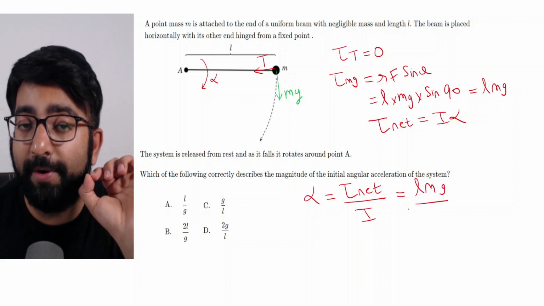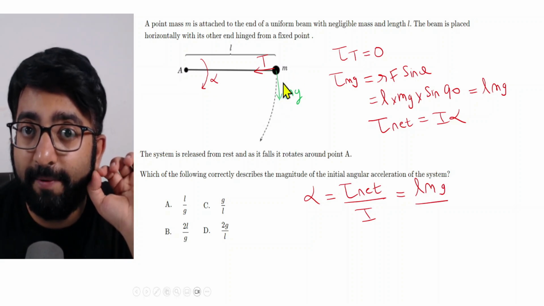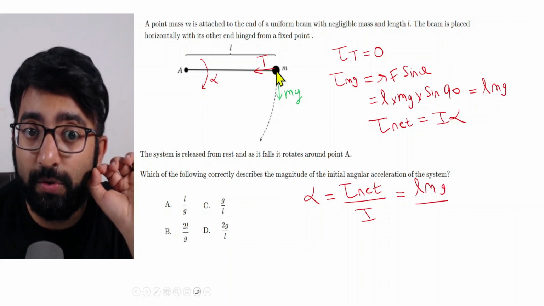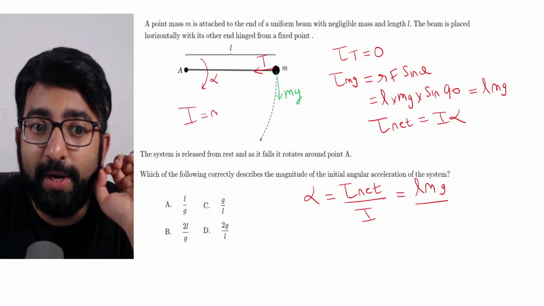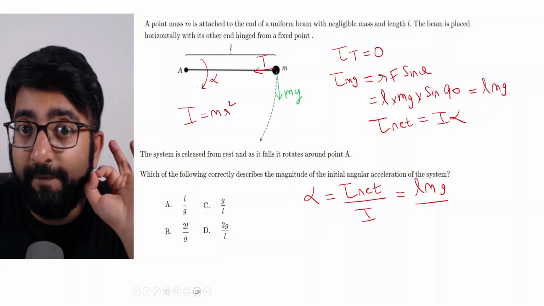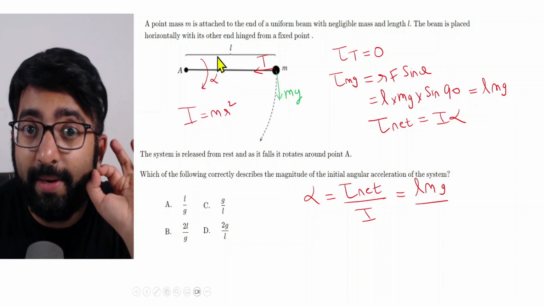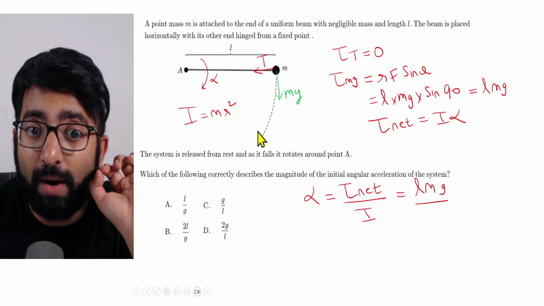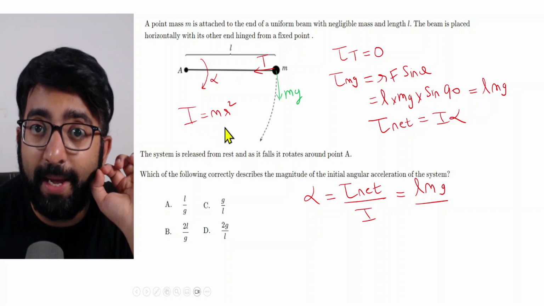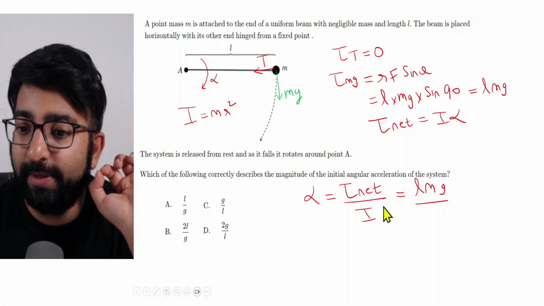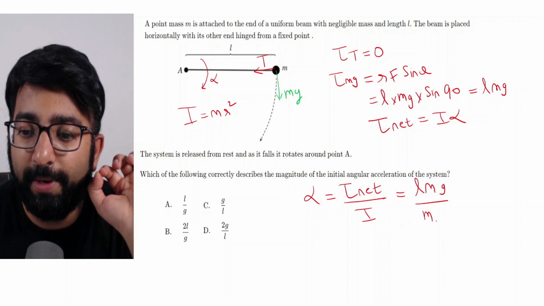What will be the moment of inertia? If you recall the concept, if we have a point mass m which is rotating about a particular point A, the formula for moment of inertia is m into r square, where r in this case will be the length of the beam. The radius of the arc in which this mass is going to move is equal to the length of the beam. So moment of inertia will be m into L squared. So let's write mL square in the denominator.